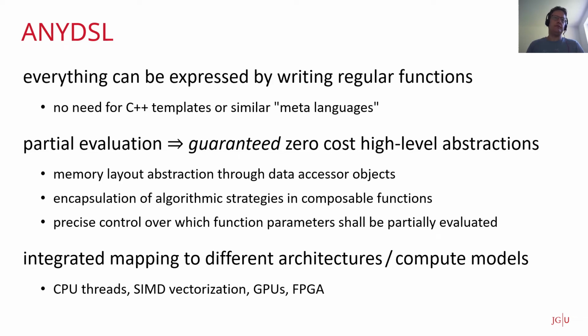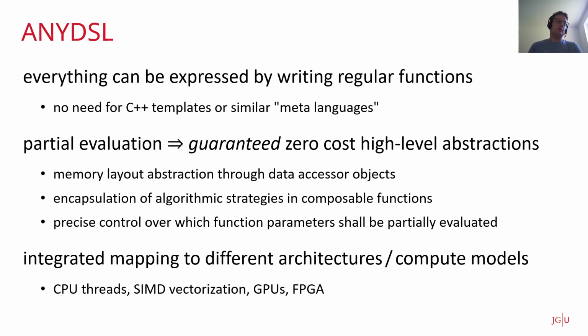So you can have data accessor objects that go through 10 different levels of indirection, and you know they will be optimized away at compile time. So this allows you to encapsulate algorithmic strategies in composable functions, and without the fear that 20 levels of composition will incur some kind of abstraction overhead, some abstraction penalty.